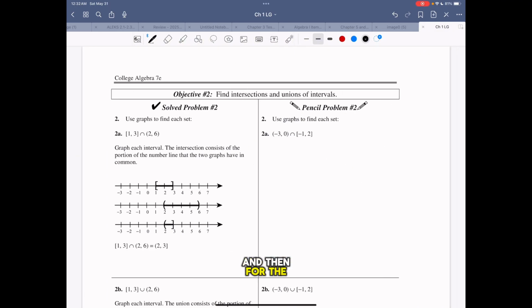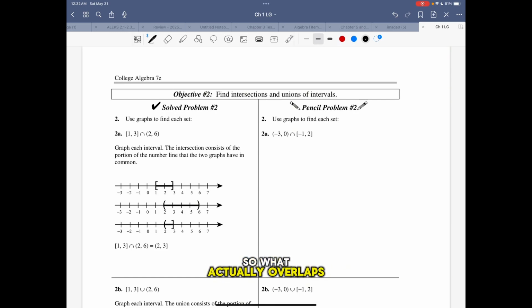And then for the next one, we use graphs to find each set. So we have the values that are included with 1, 3. So we know that both sides will have a bracket. And then it's a union of 2, 6, but it kind of overlaps.